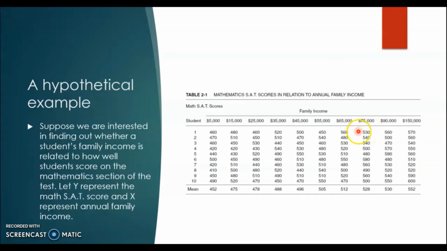For example, student 1's SAT score for this group of income, 75,000, is 530 points, and it is different than 528 points, the average value of SAT score for this group.